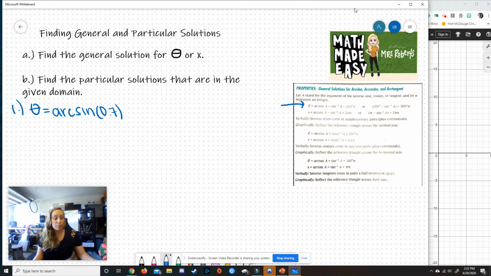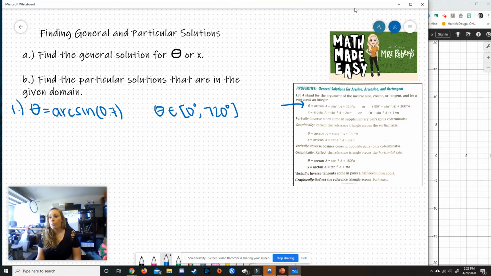Now, the other piece of information that's important is the domain in which we're looking. We're going to say that theta is an element between 0 degrees and 720 degrees. That's important for the particular solutions. We only care about 0 to 720 degrees. So theta is the arcsin, and what we're saying is that sine of theta is 0.7. Sine of theta is 0.7. And so at what angles is this true?